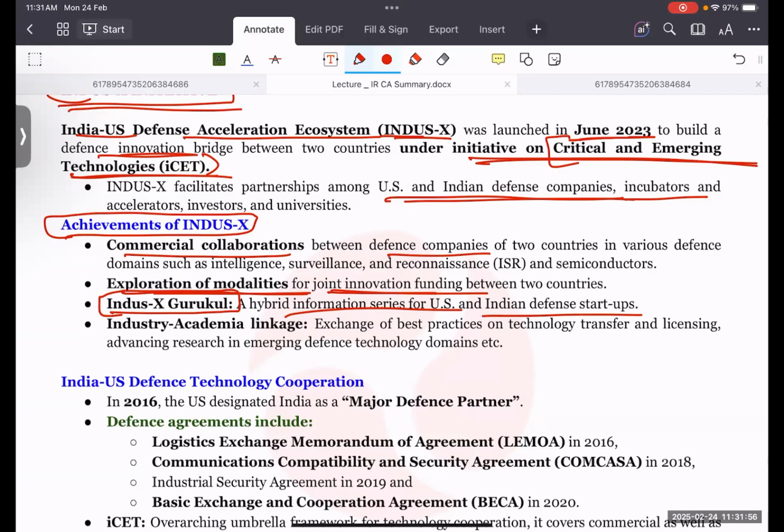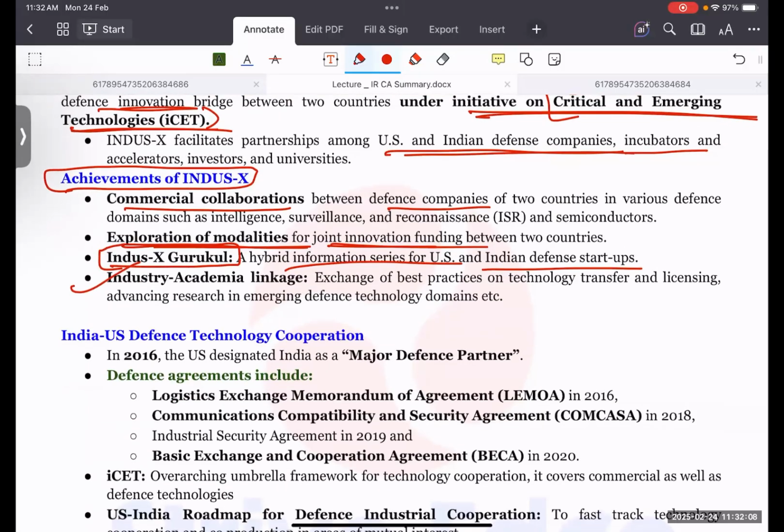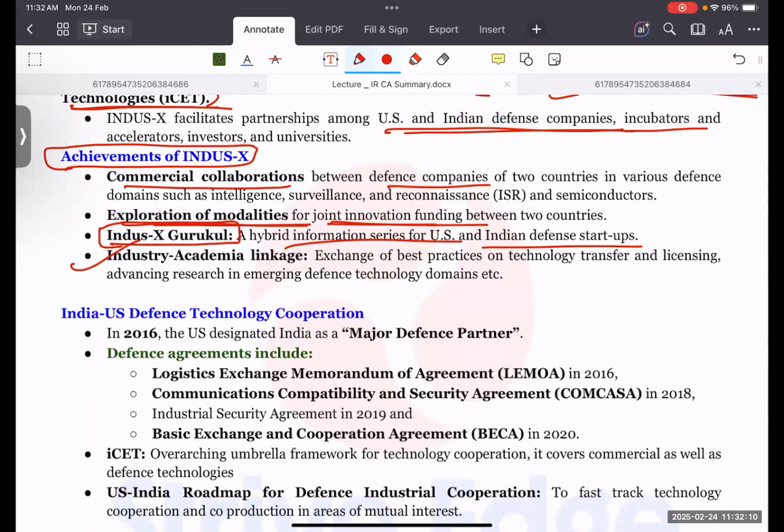Industry-academia linkages are also covered, where technology transfer, licensing and so on take place in academia too.